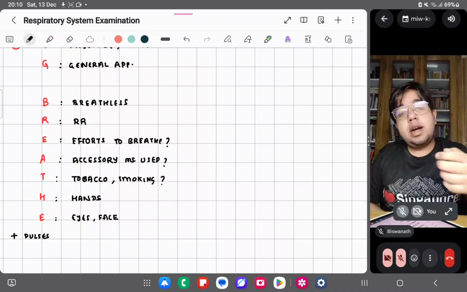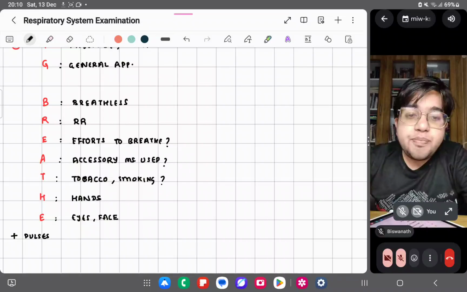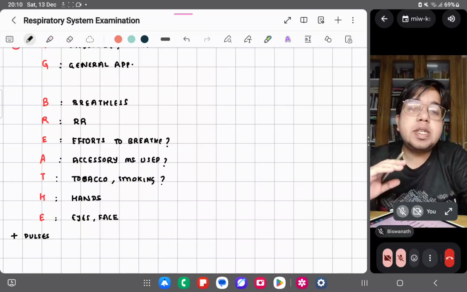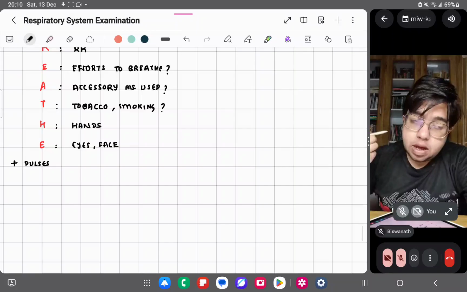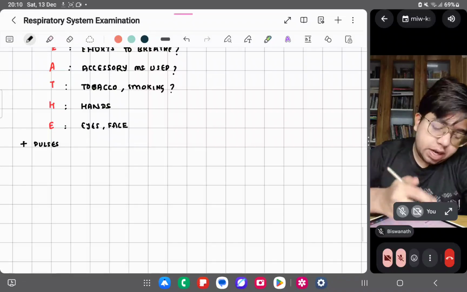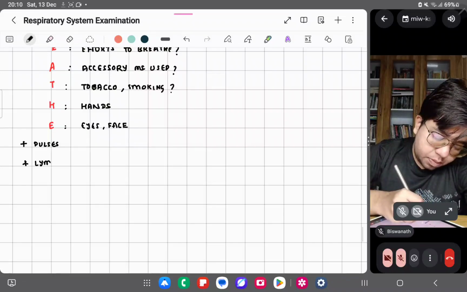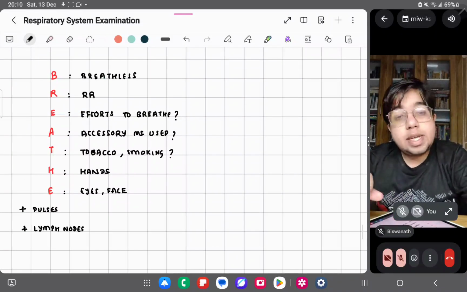These are the warning signs which will prompt us to conduct a proper respiratory system examination, right? So you have to see the pulses, if there is any swelling in the face, any lymph nodes. You have to check all this in the general examination.